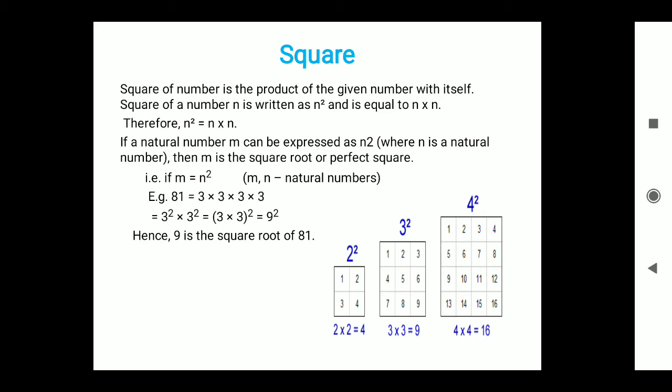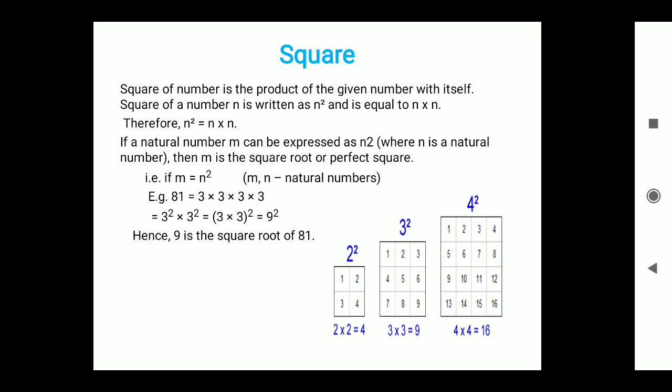For example, 81 is 3 into 3 into 3 into 3, that means 4 times. Or we can write 3 squared into 3 squared, that is 9 into 9, which is 81.